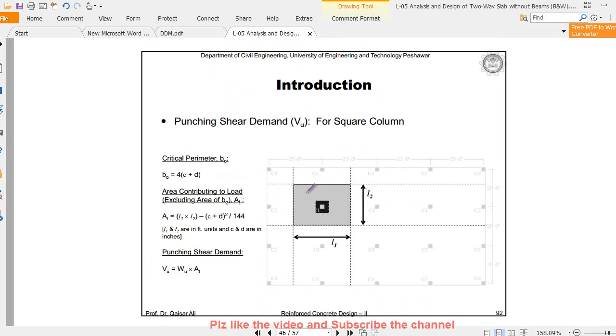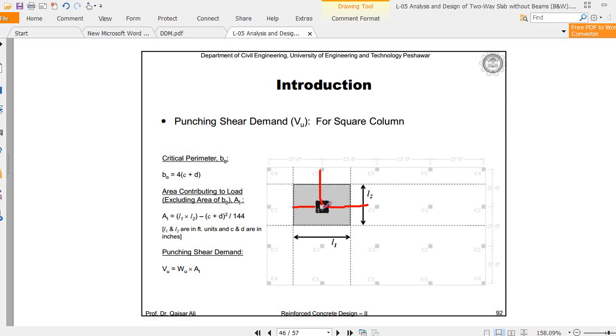The shaded area is the tributary area. How can we determine it? From the face of the column, we take the center-to-center distance between adjacent columns, then divide it by 2 for this side.